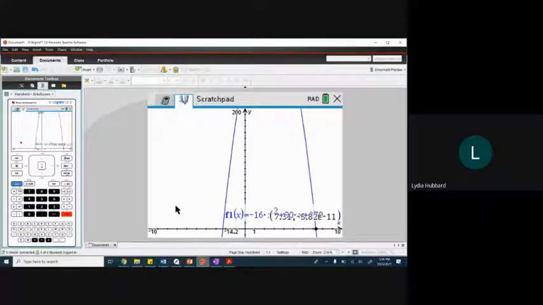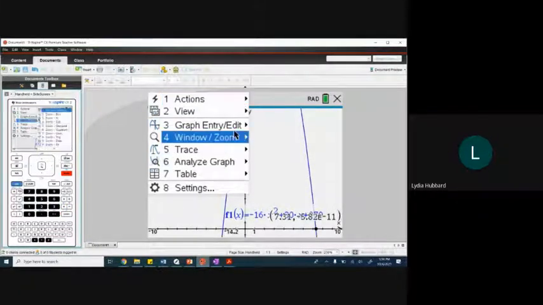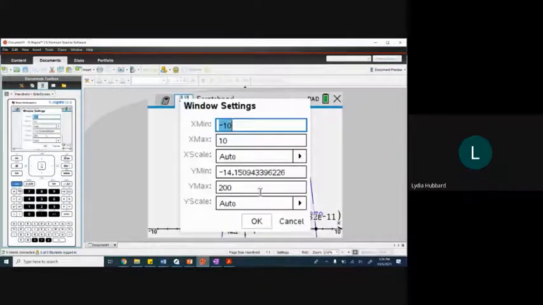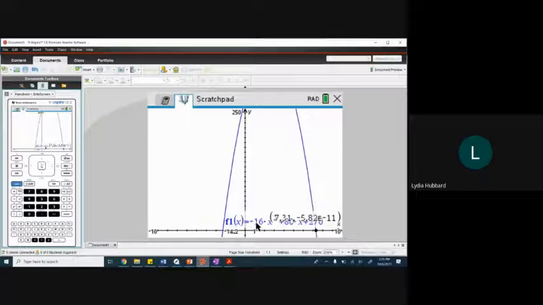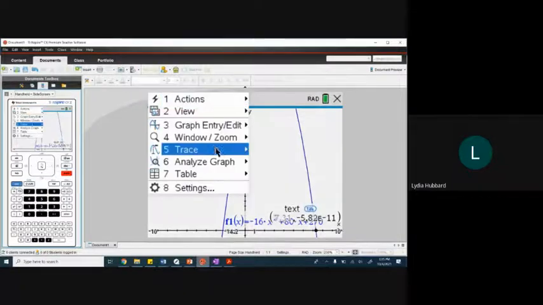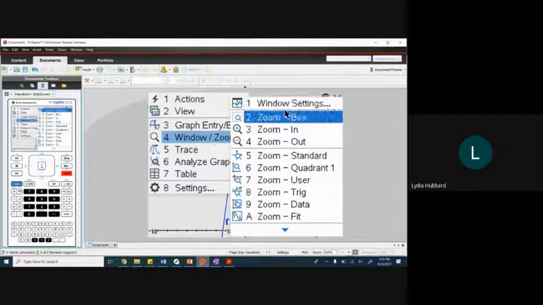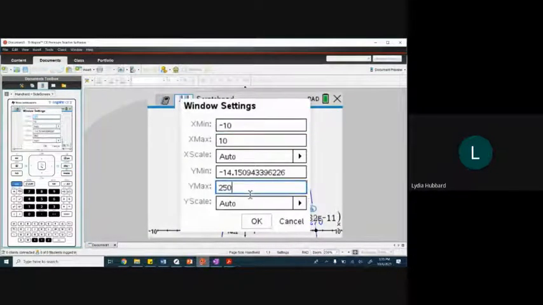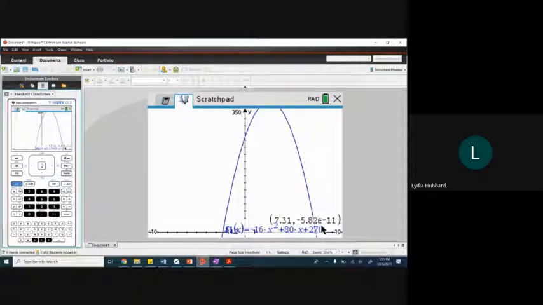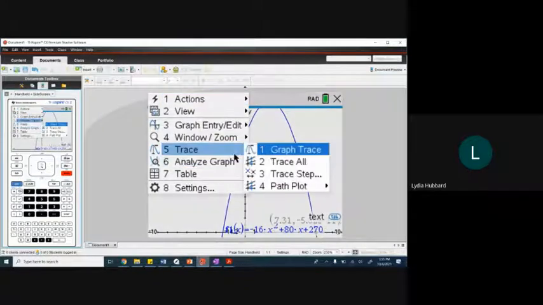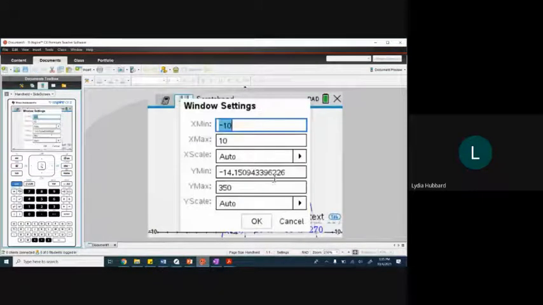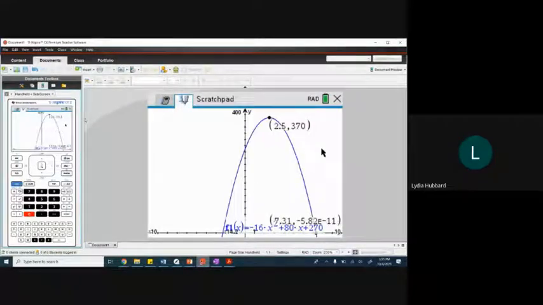Okay, not a great window, so I'm going to hit menu, window settings. I'm going to give it a little bit more height. Just for safety, we'll go 350. Oh, still not enough. Okay. So sometimes you have to mess around with these axes in order to get one that's going to give us a nice little graph here.